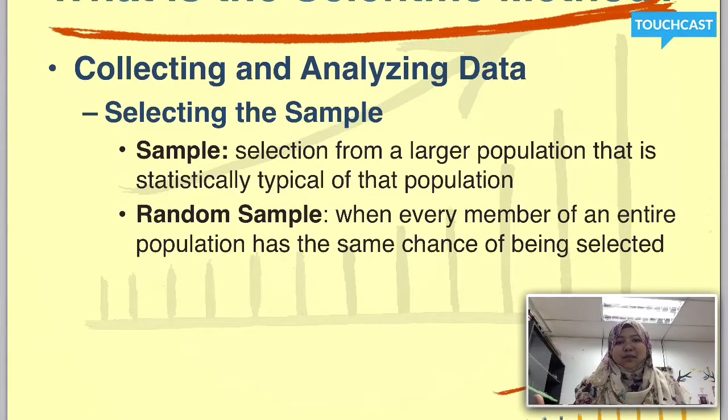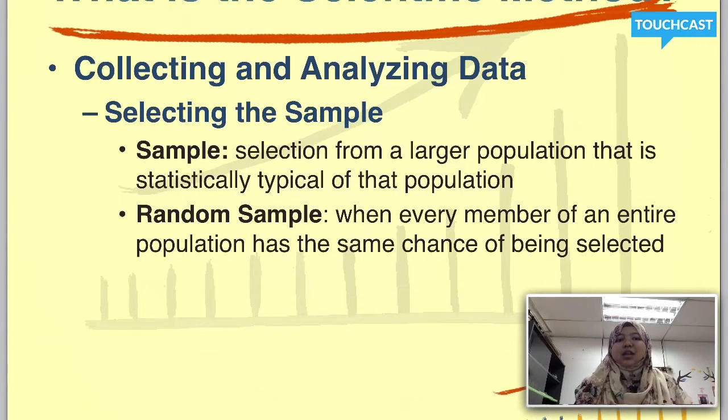It's so difficult for you. So we need to choose a sample, which is a small population, related to our problem. So if you study Mat Rempit, you need to choose a group of Mat Rempit, for example, in Kuala Lumpur, because we have a lot of Mat Rempit in Kuala Lumpur.